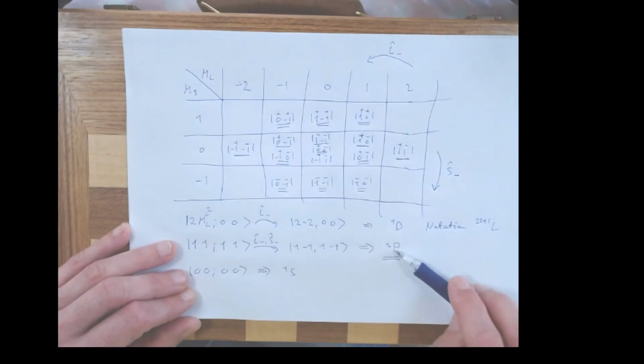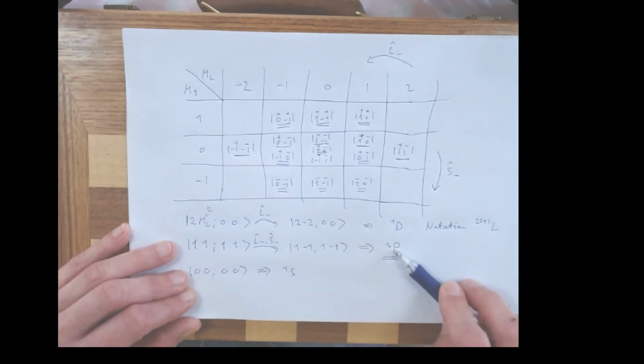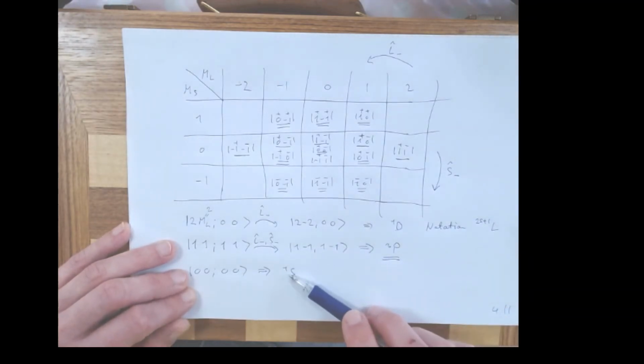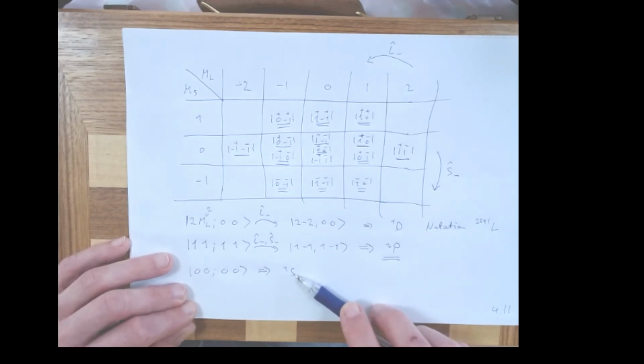So we have 3 distinct terms among these candidates for the carbon ground state. You remember that we're talking here about candidates for the ground state. These are all configurations where the 6 electrons are in a 1s2, 2s2, and 2p2 configuration.